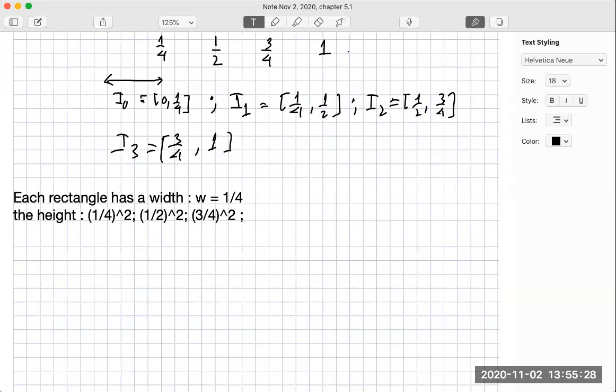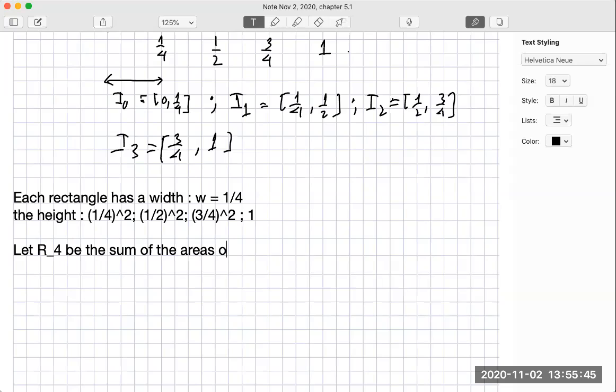And the last one will be 1. Okay, therefore, let R4 be the sum of the areas of these approximation rectangles.